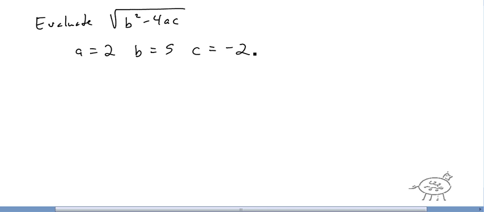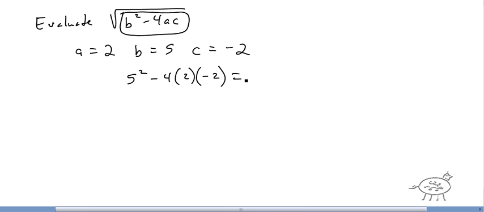All right? So in your calculator, what you're going to do is type this in first. That's what I would do if I were you. Please do not use the square root yet. Just say, that's 5 squared, you're not going to hit equals yet, minus 4 times 2 times -2. And then you're going to hit equals.